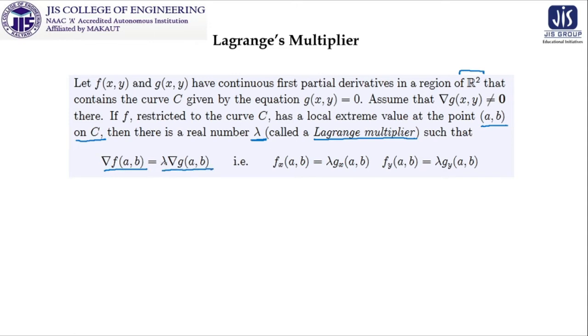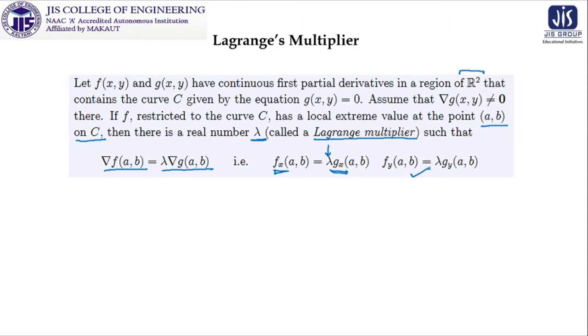Okay, so if you just distribute this, then what you will get is fx, that means partial differentiation of f with respect to x, will be equal to the partial differentiation of g with respect to x, along with this lambda multiplier. Similarly for the partial differentiation with respect to y.